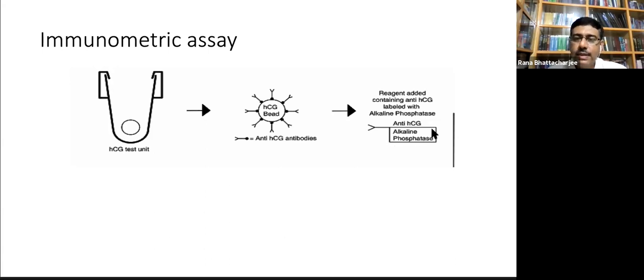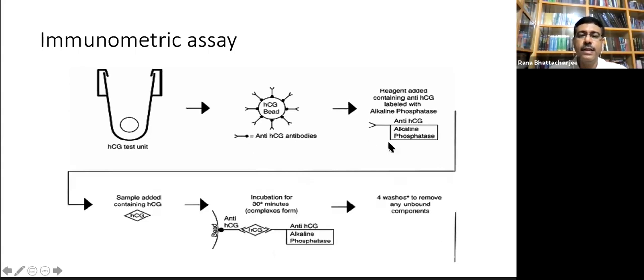This antibody and the antibody on the solid matrix bind two different epitopes of a particular hormone. So you can well imagine this is not useful for steroid hormone assay. This is used for peptide hormone assay, as you need two different epitopes for this kind of reaction to occur. After this, the sample is added. This is the patient's serum, which contains a certain amount of HCG which we intend to measure.